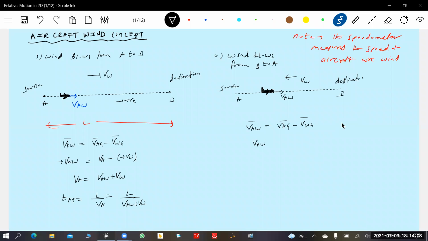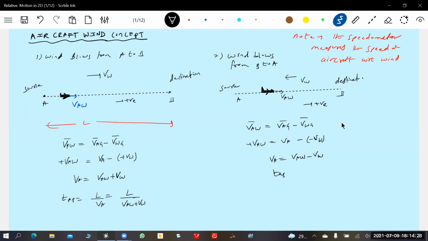So this is positive, this we don't know. This is VW. Why the negative sign? Anything directed towards right is positive. Then VAG, or just VA, should be equal to VAW minus VW.